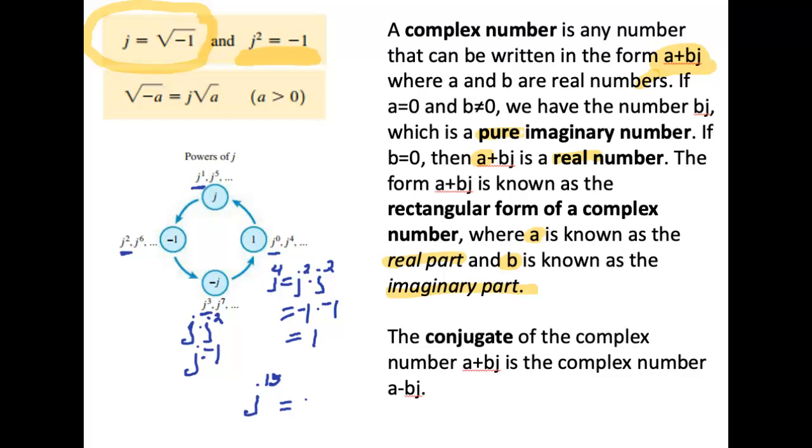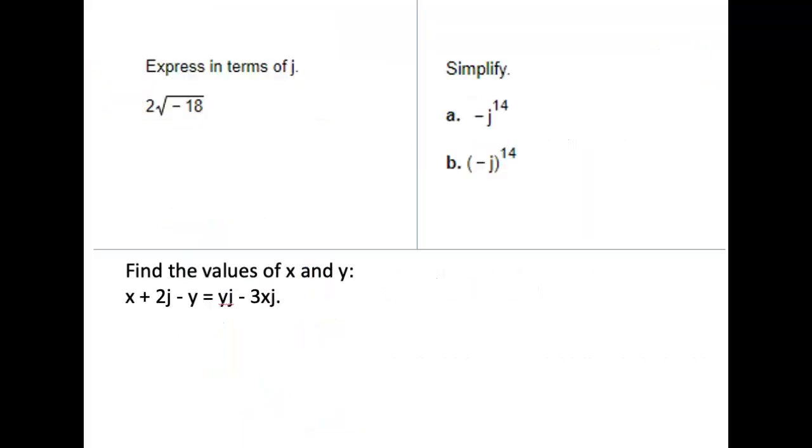So j to the 15th is the same thing as j to the 3rd, because that's the remainder. And I know over here, j to the 3rd is equal to negative j. Okay, so that's how we're going to simplify some of these complex numbers, or imaginary parts of the complex number.